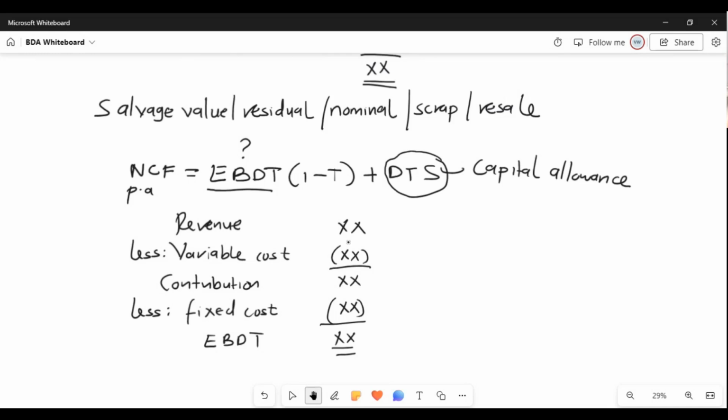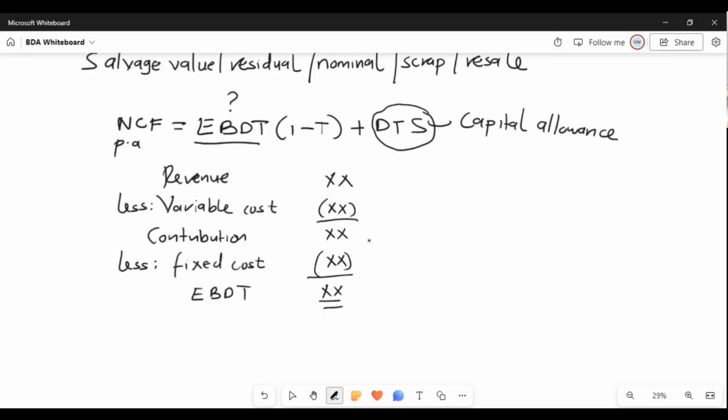And in the best case scenario, we expect the cost items to reduce. So this is how we get the earnings before depreciation and tax.